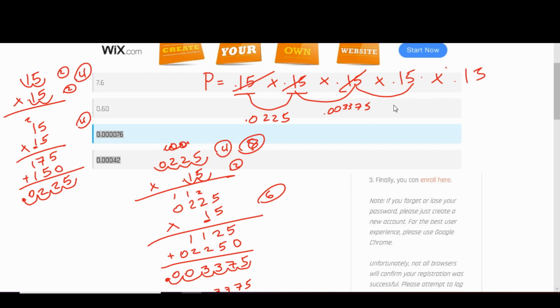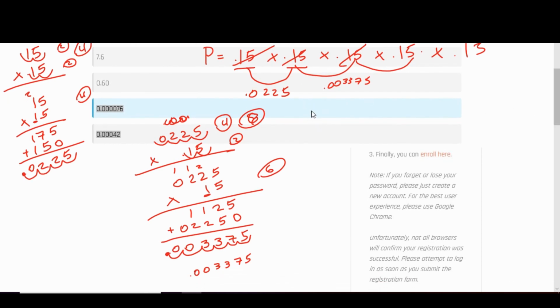Now we got to do 0.003375 times 0.15. Okay, I dropped my microphone there because this problem's getting pretty difficult. So again, let's do 0.003375 times 0.15.